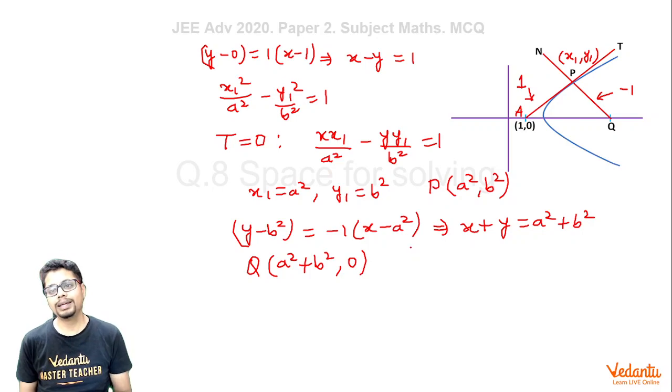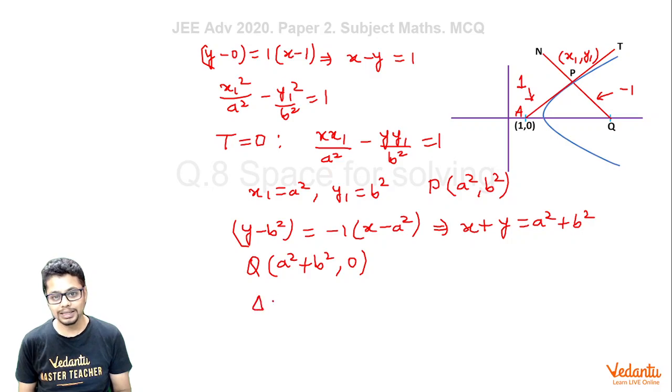Now what about the area of triangle PAQ? Rather than using all three coordinates, you may just use the basic understanding that the area of the triangle is half into base, which is AQ, and height, which is the y coordinate of point P, because P lies in the first quadrant.